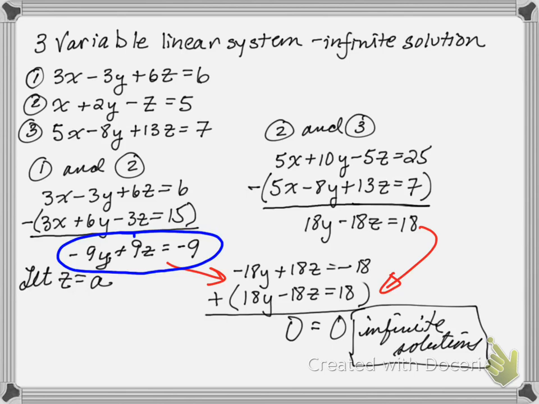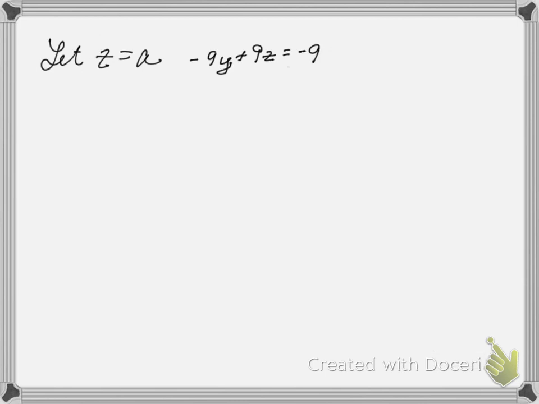I'm going to use that equation, so I'm going to pull that over to the other page. Okay, so using this equation from the previous page, now I have agreed we're going to let z equal a, so I know what that z is. Therefore, I can find y. So it's going to be 9y plus 9, and z is next. And I said we're going to let z equal a, is equal to -9.